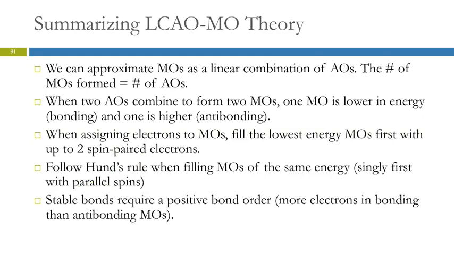If you have several that are the same energy, you put them in with positive spins first, and then when they have to pair up, you put them in as negative spins. And in order for you to be describing a stable bond, we need to have a positive bond order. In other words, there need to be more electrons in the bonding orbitals than in the antibonding orbitals. More contributing to bonding than fighting against it.